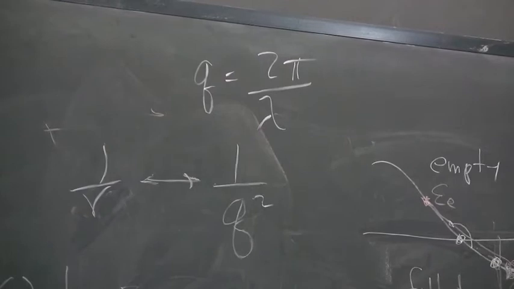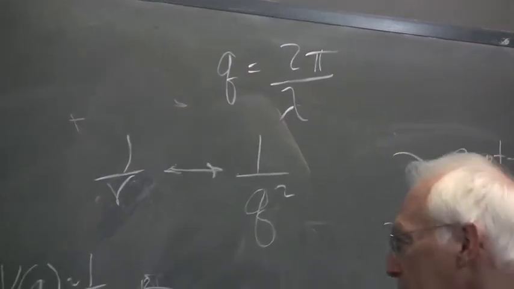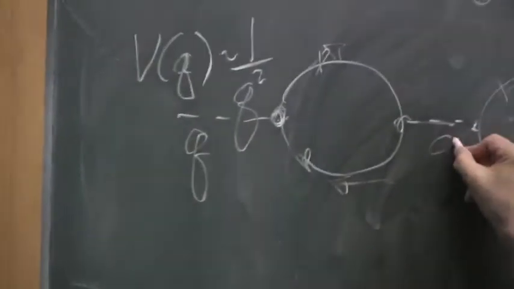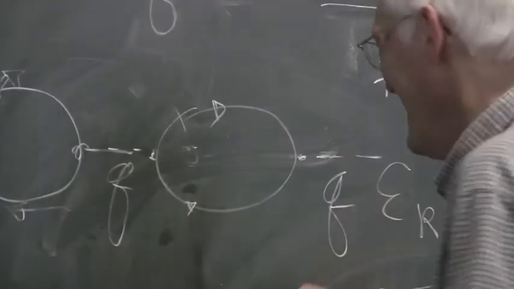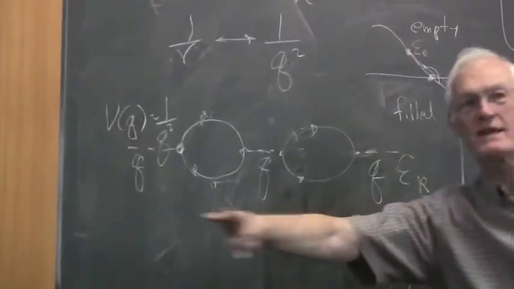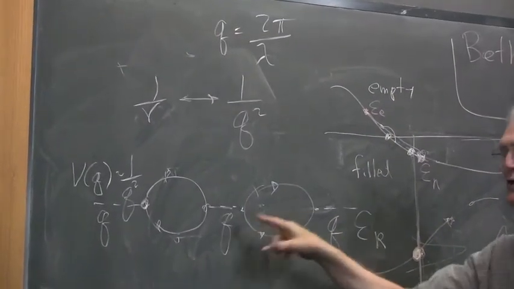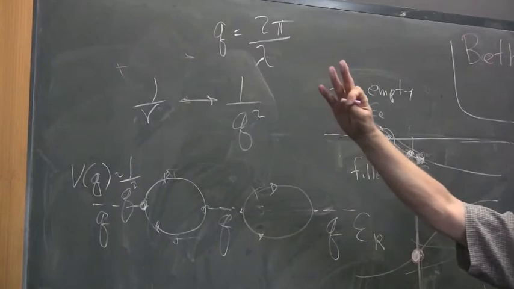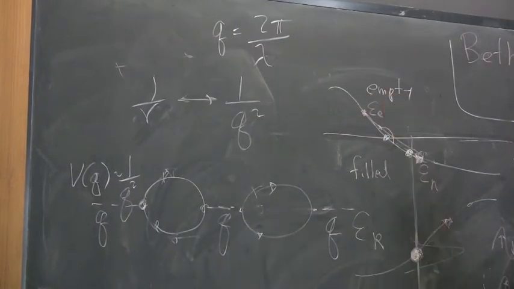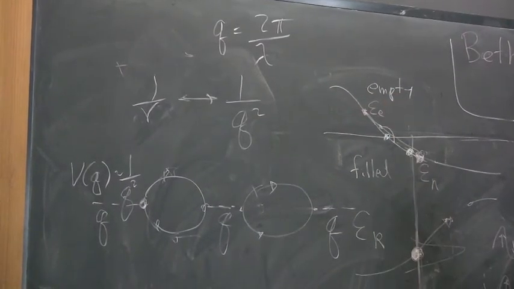By momentum conservation, if this is Q, that's Q, that's Q, and you've added up this whole set of diagrams, every one of them involves a Coulomb interaction that's big. You just have to keep those terms to get a reasonable answer.